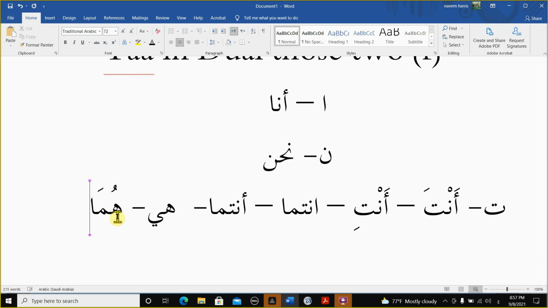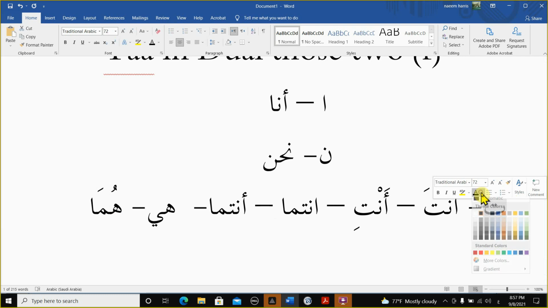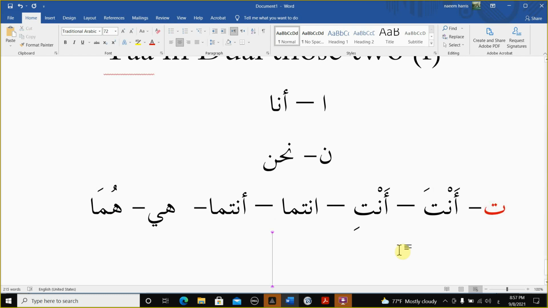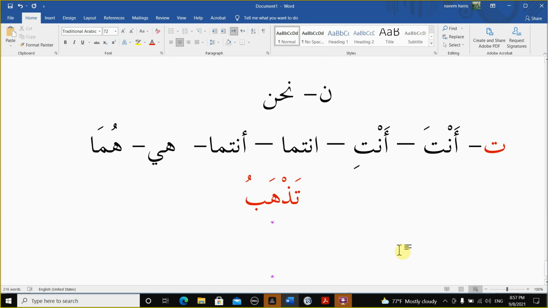So this is the tricky part about the madari. Since there are only four letters, some letters have to share. So you see a verb starts with ta, it can be one of these. If you see tadhhabu by itself, it can be one of two things. It can be you are going.